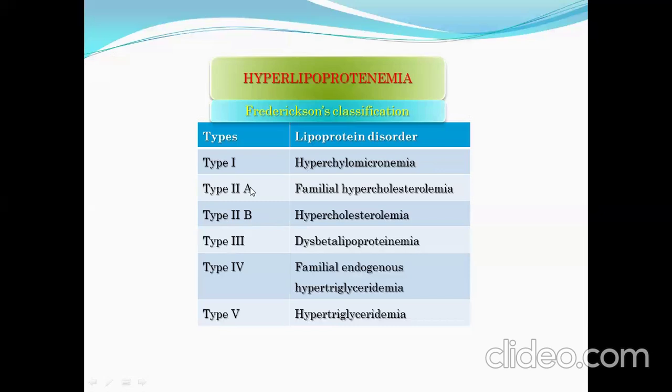In type 2A, familial hypercholesterolemia. Type 2B, combined hyperlipidemia. Type 3, dysbetalipoproteinemia. Type 4, familial endogenous hypertriglyceridemia. Whereas type 5, hypertriglyceridemia. So this is the applied aspect and the different types of hyperlipidemia.